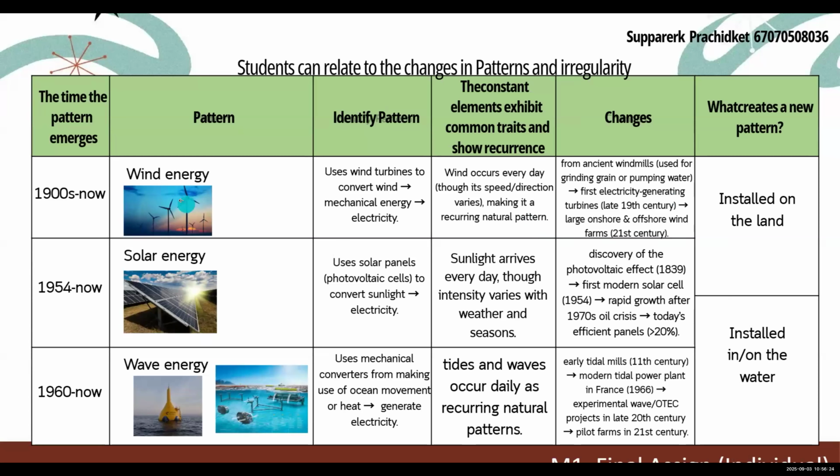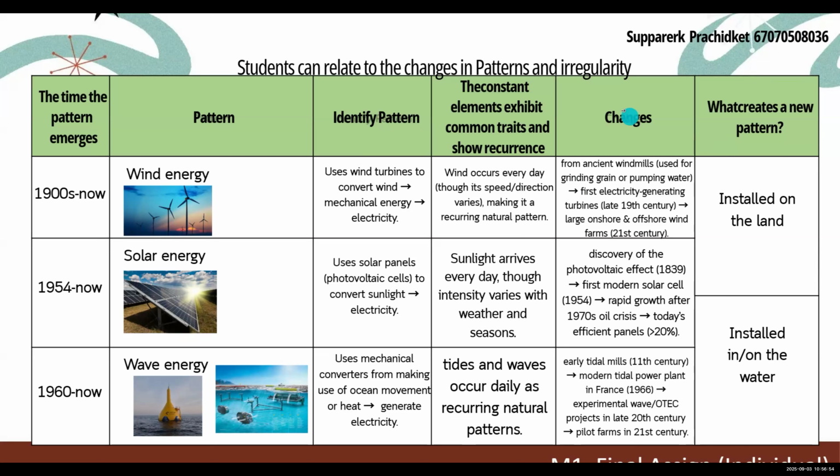I will show the pattern of the green energies. The first one is wind energy. Wind energy was first invented as the ancient windmill. It doesn't generate electricity directly, but is used for grinding grain or pumping water. The first electricity-generating turbine was invented in the late 19th century, and now there are wind farms onshore or offshore.